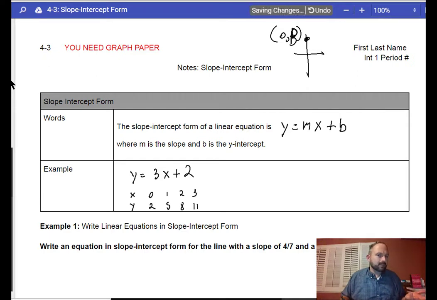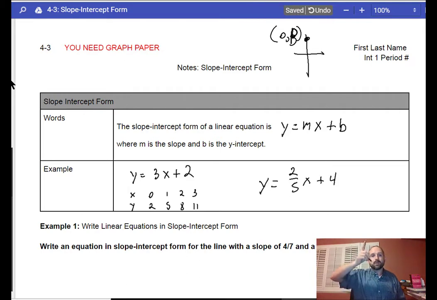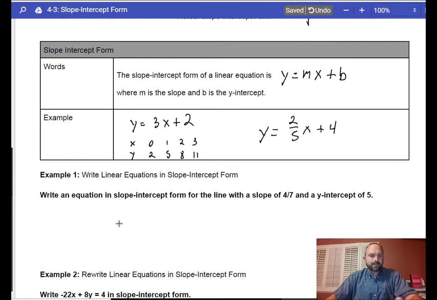Now, that's one example. Another example could be y equals 2/5 x plus 4. And so it'd start at (0, 4), and then it'd go up 2 over 5. Up 2 over 5.